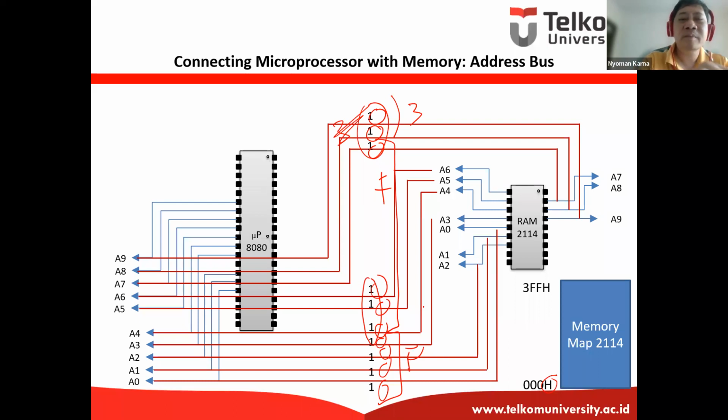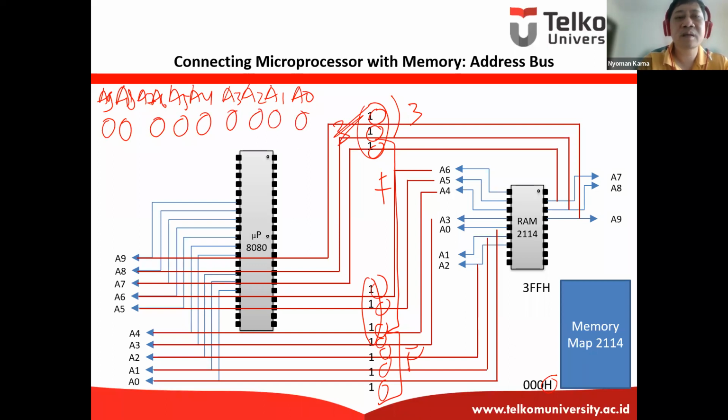Okay. Let's explain it again. We have A0, A1, A2, A3, and then A4, A5, A6, A7, A8, and A9. When everything is 0, this one is 000 in hexa.